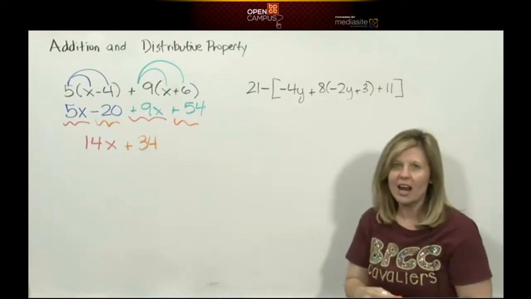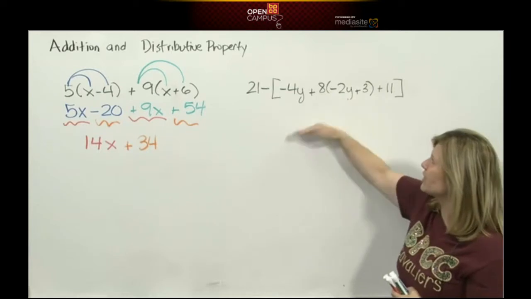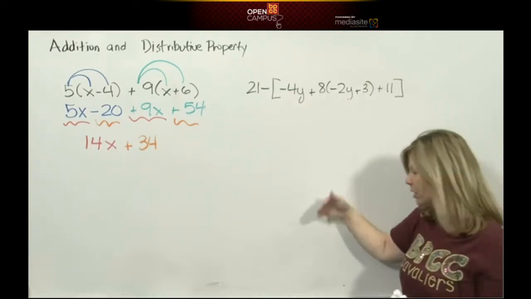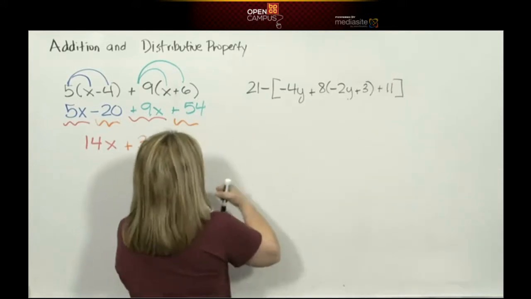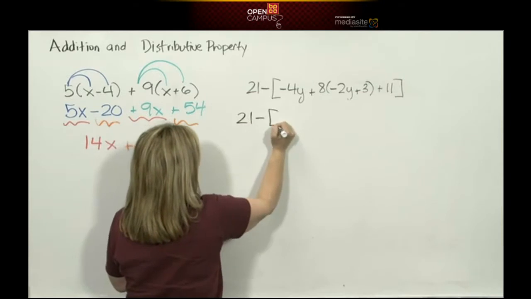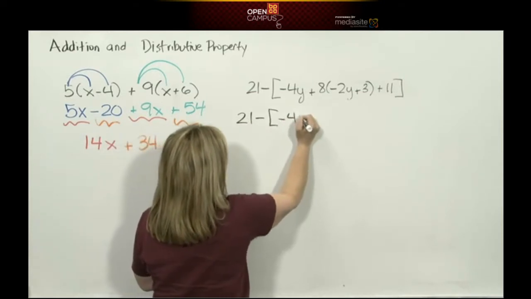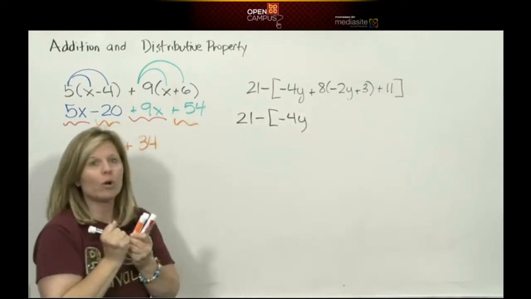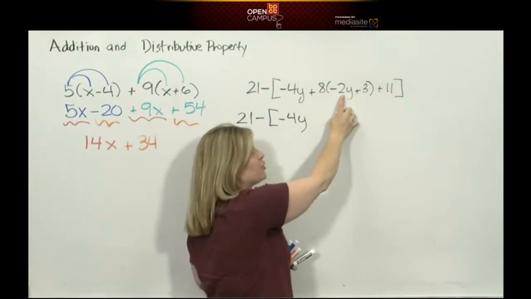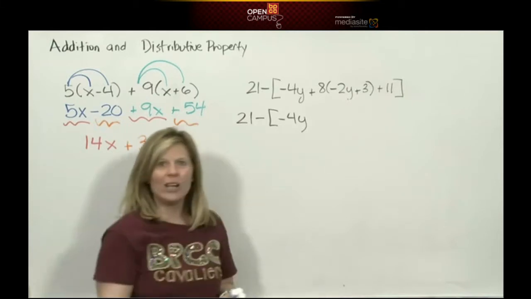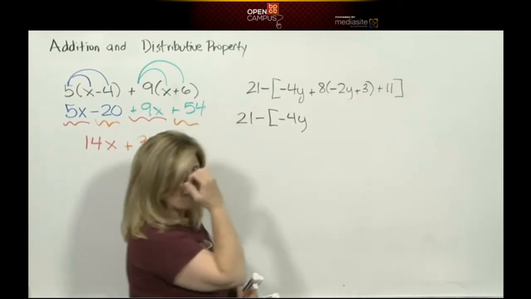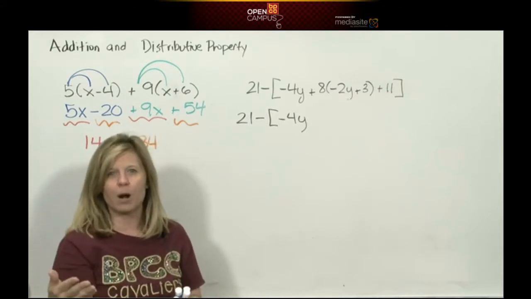Now, one of the things you've got to learn is if we're going to start with this parenthesis, all the other terms in front of it and behind it are going to stay put. So that means you got some copying to do. We're going to leave the 21 minus bracket. We're going to leave the negative 4y. What we're going to do is we're going to work inside. Well, inside we have a negative 2y plus 3. We know we can't add that because these are not like terms. So we have to get rid of the parentheses by using what property?